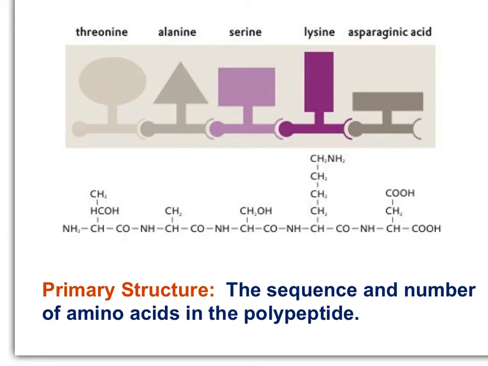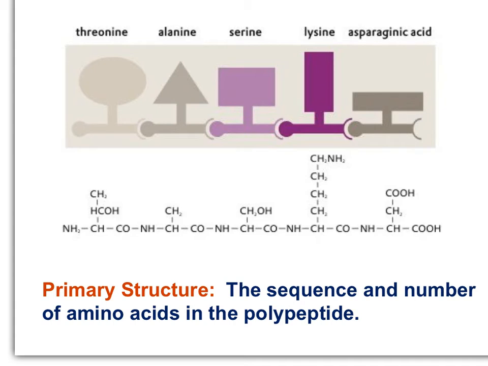If we consider a polypeptide with 100 amino acids, the number of possible sequences is 20 to the 100th power. But only a small proportion of possible sequences is ever made by living organisms. Only 2 million or so different polypeptides have been identified at this point.